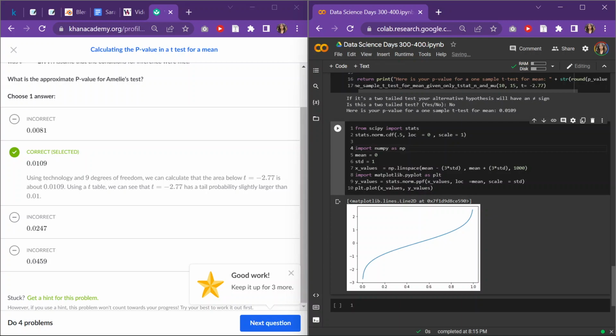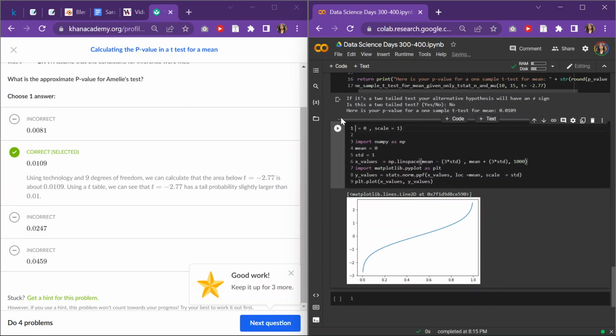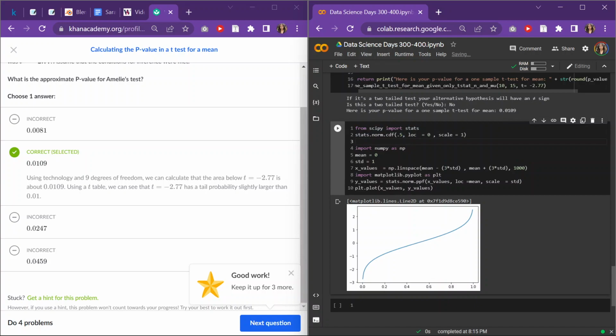Probably if I do mean, scale, loc. So if I delete this, oh no, go back. This thing is seriously irritating.